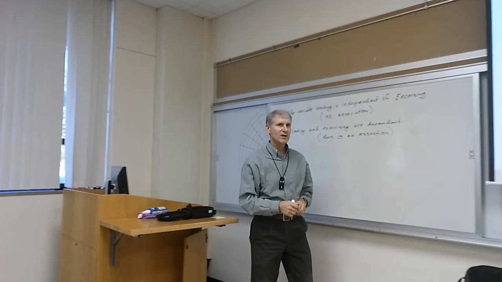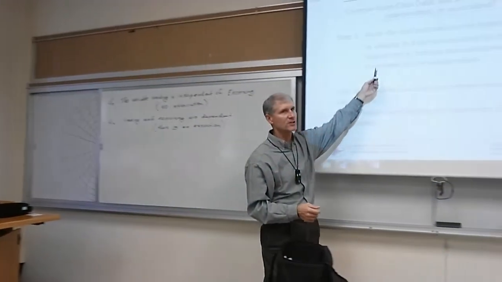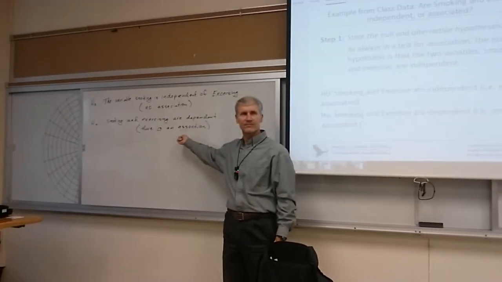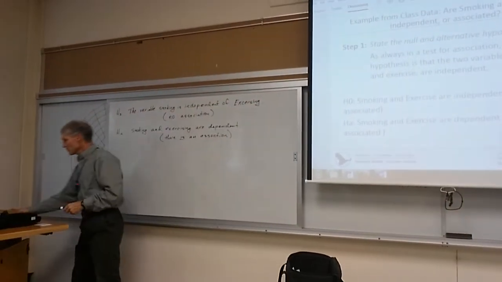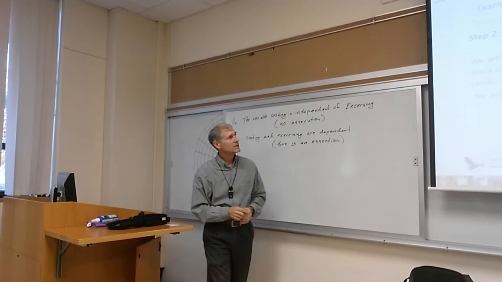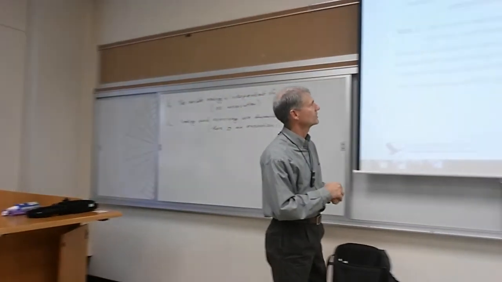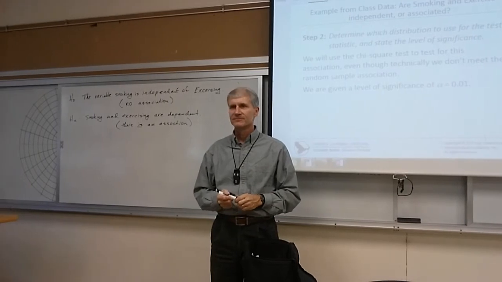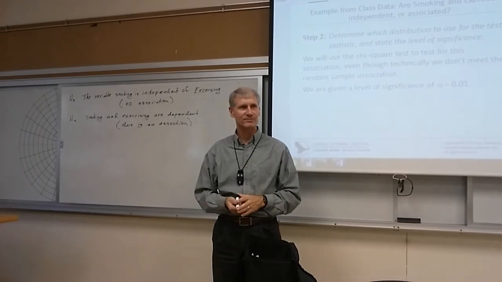All right, so step 1 is always to state the null and alternative hypotheses. We already did that right here. So step number 2, determine which distribution to use. What's our distribution this time? Chi-square distribution, right?